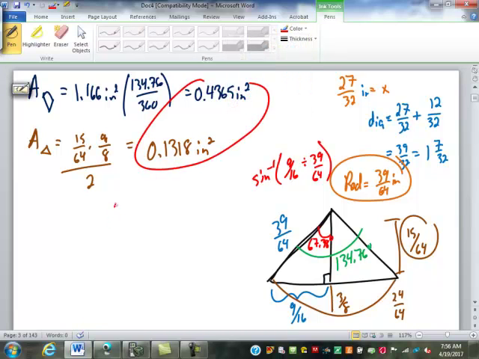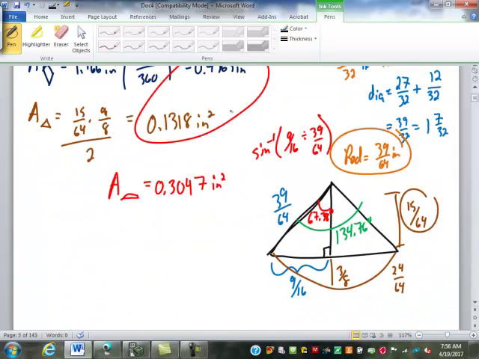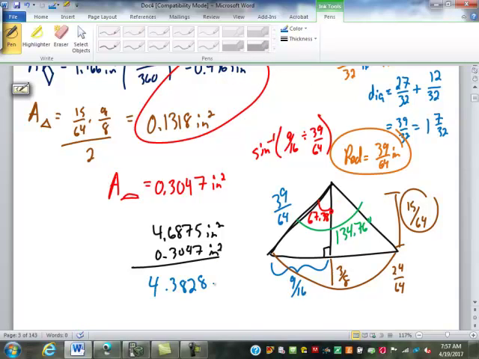We subtract those two to get the area of that segment. So 0.3047 inches squared. So the area of that end piece will be the rectangle 4.6875 minus the 0.3047. 4.3828 inches squared. That's our area.